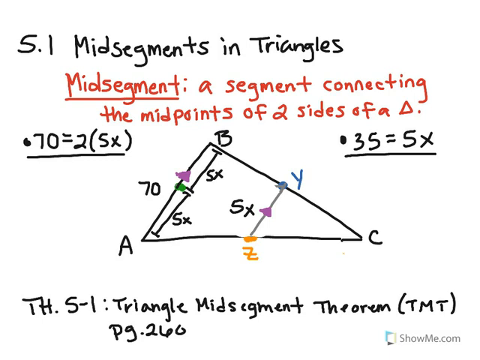So on the left-hand side, we're going to say 70 is equal to 2 times 5x, which is 10x, and then divide both sides by 10, and that gives me 7 is equal to x. So when I plug 7 in for x here, that would be 5 times 7, which is 35.